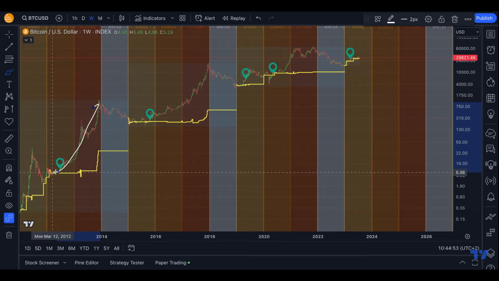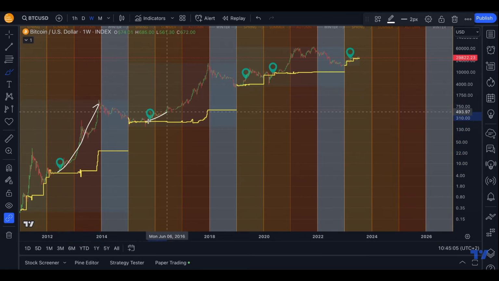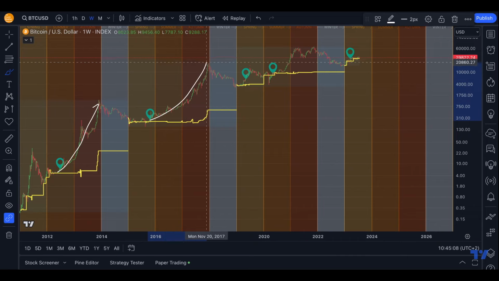And once that demand really kicks in, we're pulling away from that area at a pretty considerable rate towards the upside. And so for every bull market, we've seen that tends to happen, right?